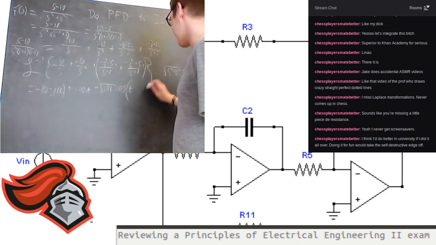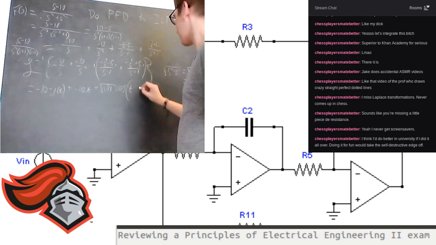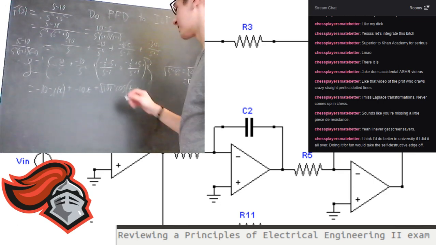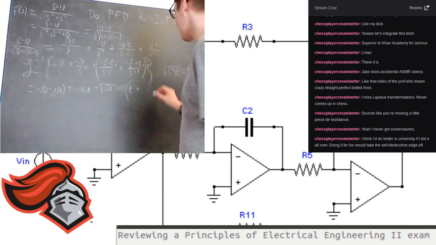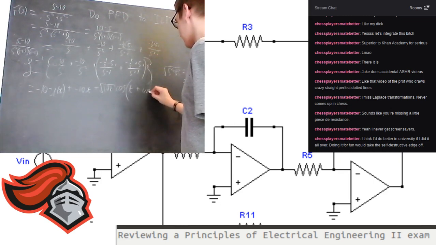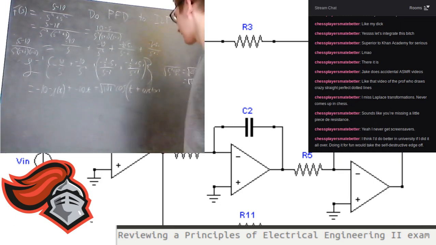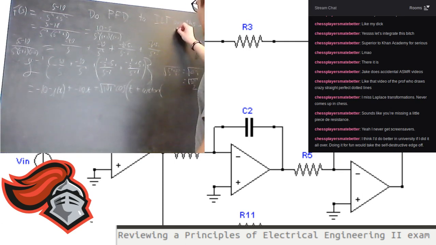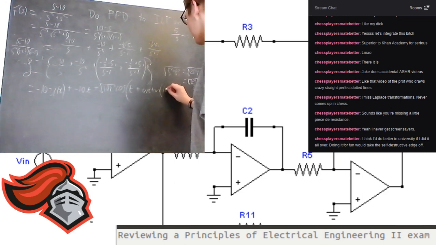And then we have to add the phase angle, which is, as we discussed earlier, the arctangent of 5 divided by 1/2, which is the same thing as 10. So we got arctangent of 10 here.